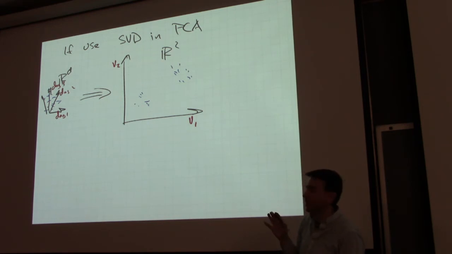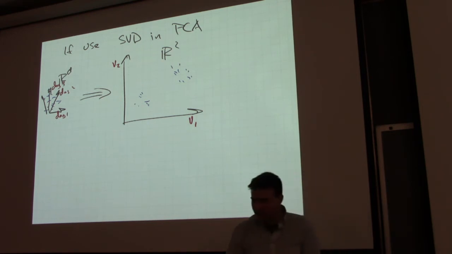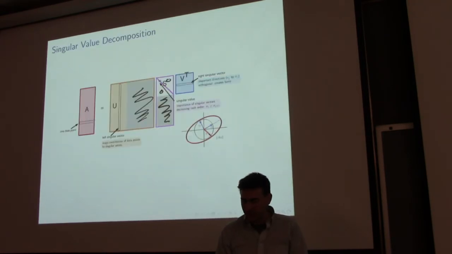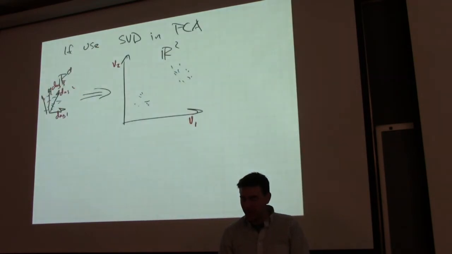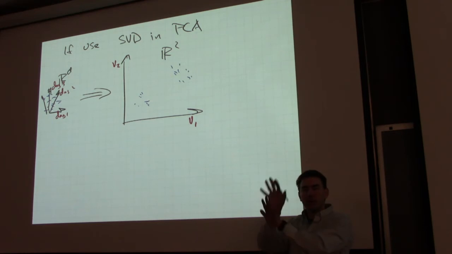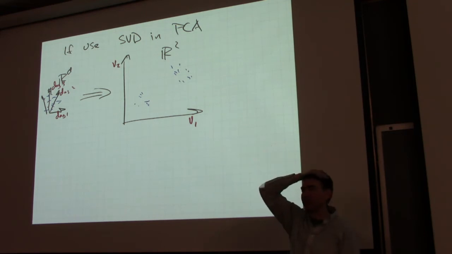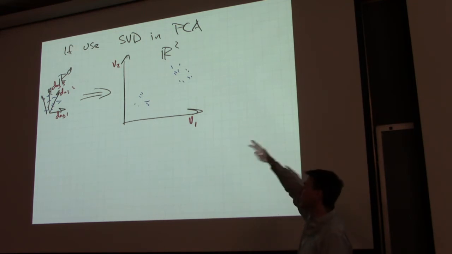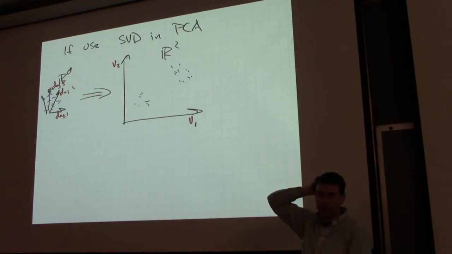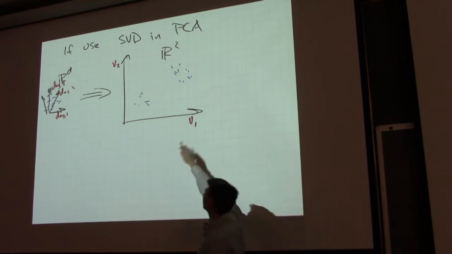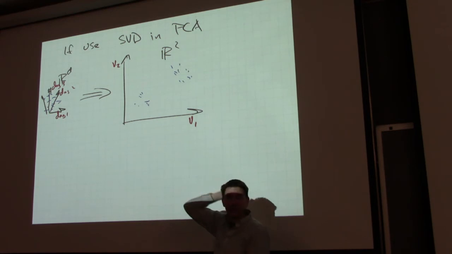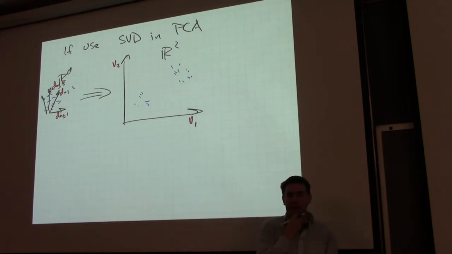I'd like to do something that looks like this singular value decomposition, but when I project down, the basis I get is interpretable. I know the meaning of these basis vectors, so I could say this dimension corresponded with one of the days or something like that.